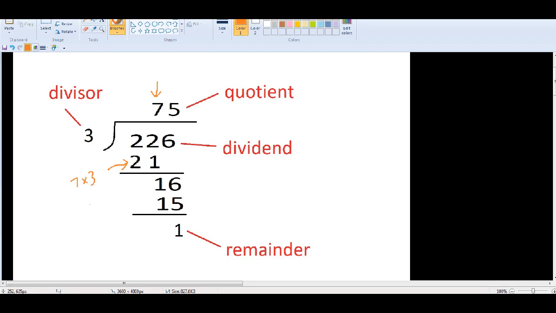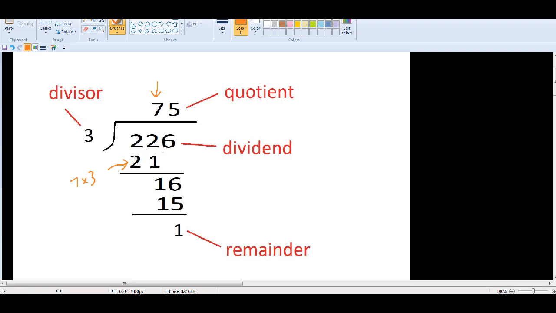The idea is you need a number which is as close to 22 as possible, but not greater than 22. So 7 times 3 is the closest to 22 while still less than 22. That's the idea for long division.